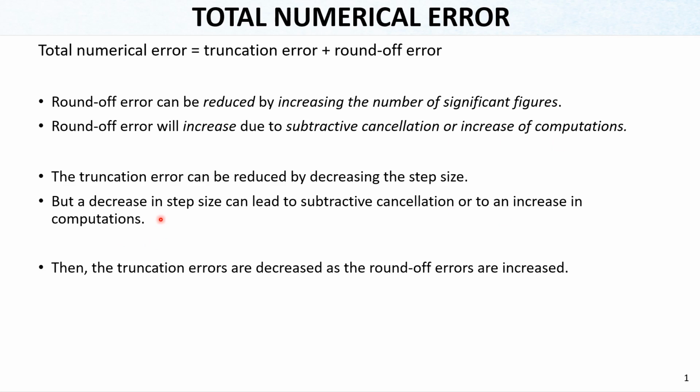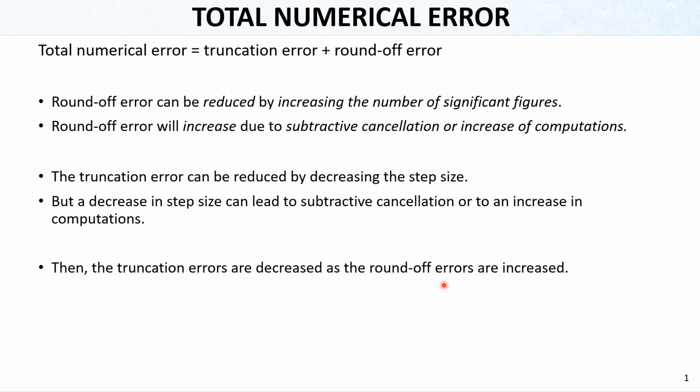That means decreasing the step size will increase the computations, and it will increase the round-off error. So there's a chance of having round-off error because of decreasing step size, but it will also decrease the truncation error. So there's a trade-off. When you decrease the step size, you can decrease the truncation error, but can increase the round-off error.